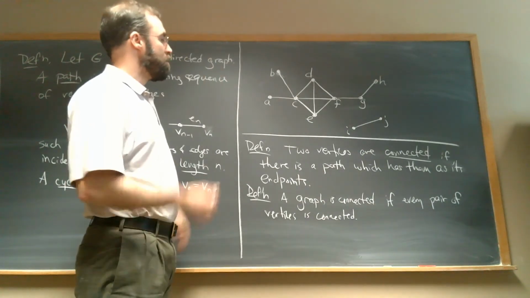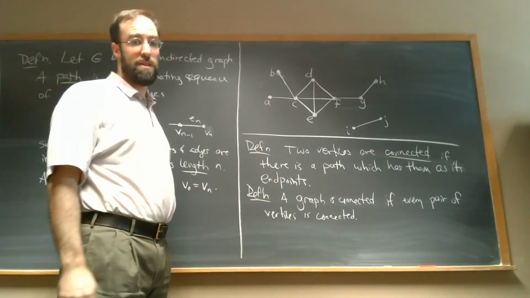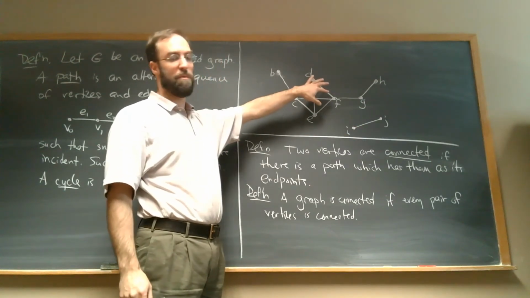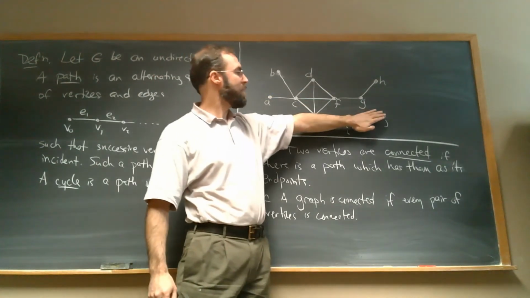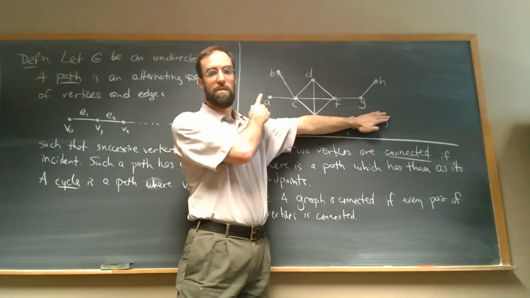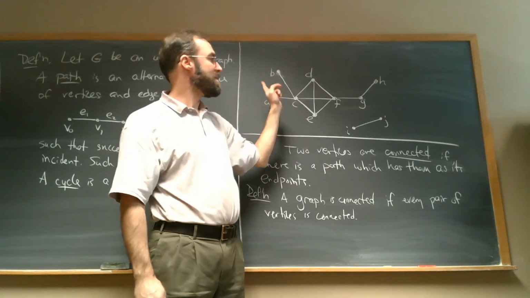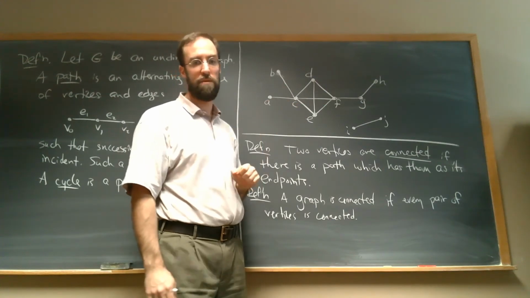Okay, so this graph obviously is not connected because I and J are over here, and I can't get from I and J to anything else. If I didn't have I and J though, then what's left is connected, because any two vertices I pick, I can find a path to get from one to the other.